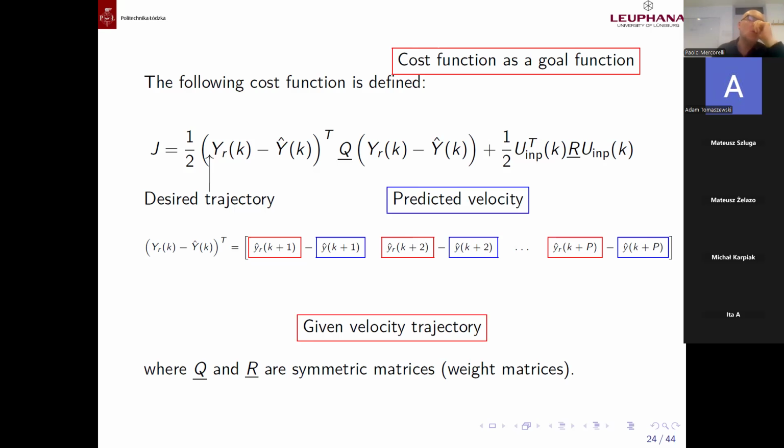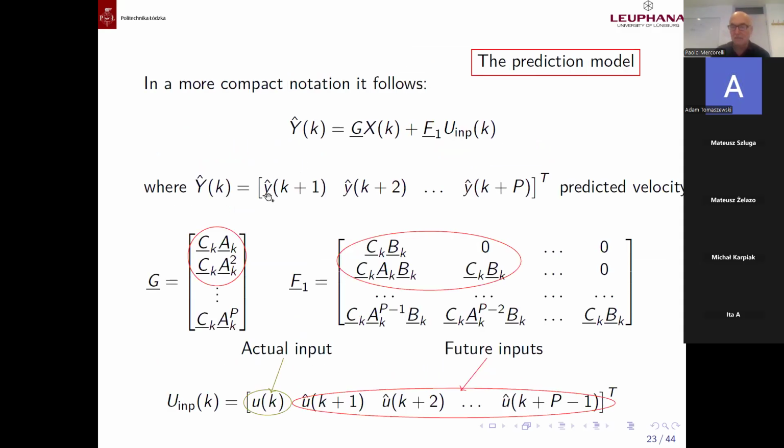At the beginning, we called it Y reference. It is our targets, our points, which must be known in advance, what I have to achieve. Y hat is the prediction through the model, exactly what I told you until now. This vector here is here.